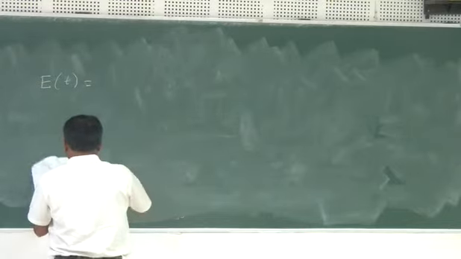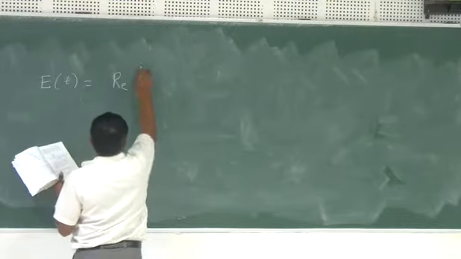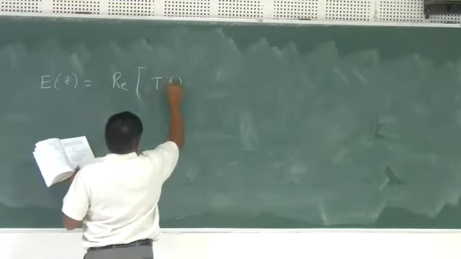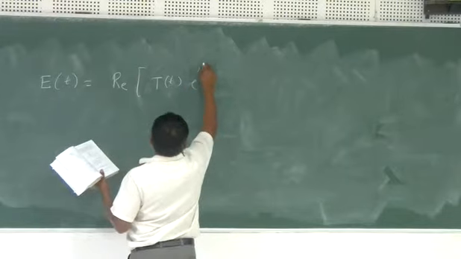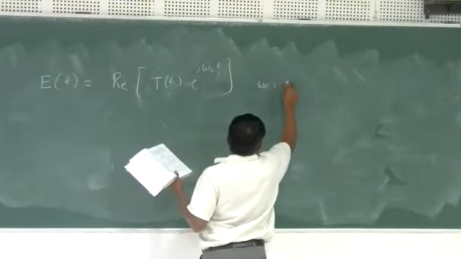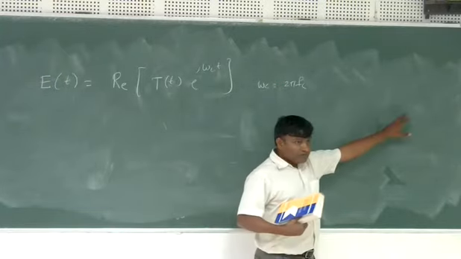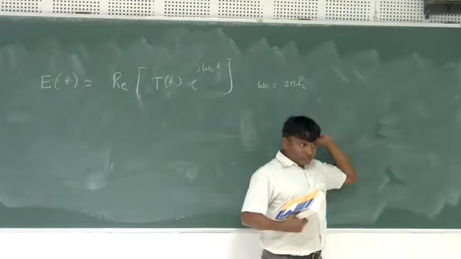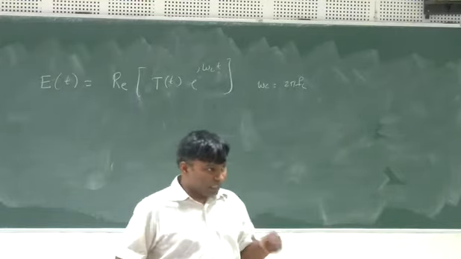That is, the real part of some signal T of t e to the power of j omega c t, where omega c equals 2 pi fc. Fc is the carrier frequency. In the previous notation we called it F, but we switched to Fc here.